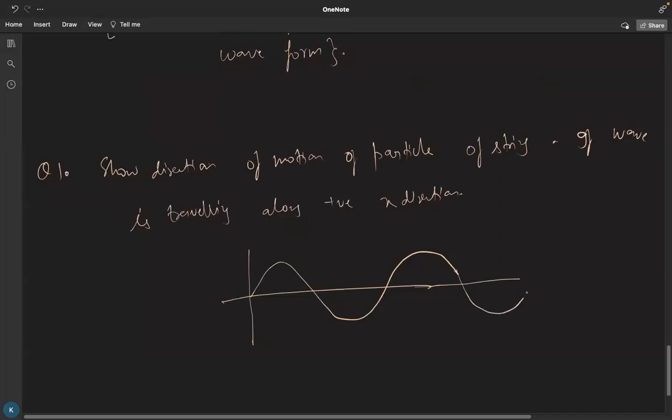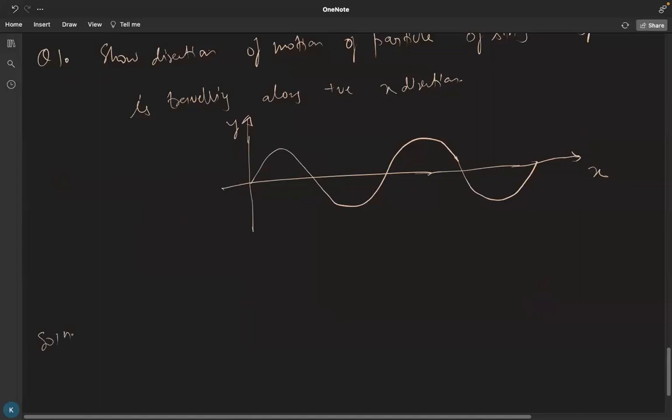Let me make the complete two cycles. This is x, this is y, and you have to show the direction of the motion of the particle. So how can we do it? We have a relation here.